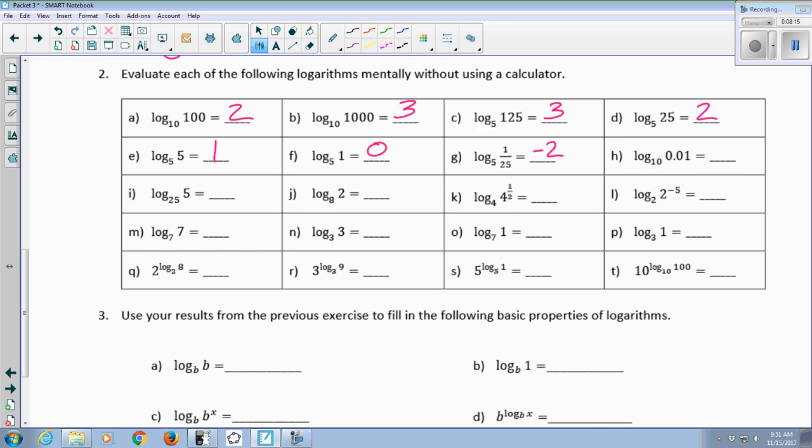Okay, so 10 to the 2 would be 100, but I want it to be 1 over, so it's negative 2. 25 to what power gives you 5? So the square root of 25 is 5. If I want to think of that as an exponent, it would be the 1/2 power. 25 to the 1/2 is the same thing as the square root of 25, which is 5.